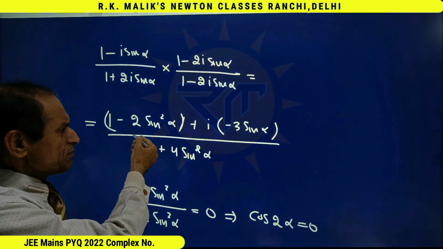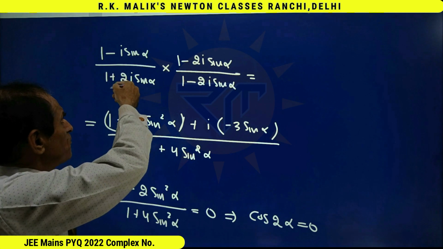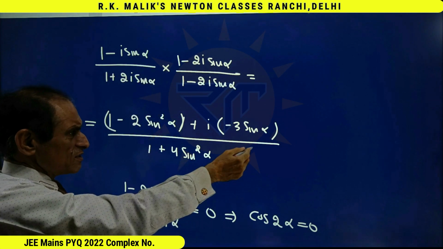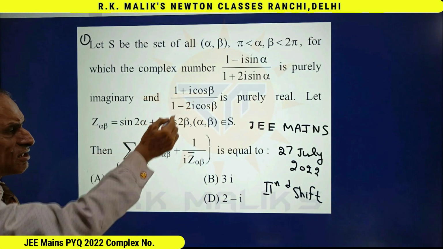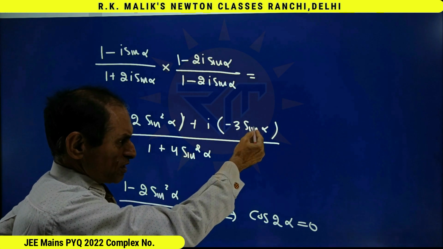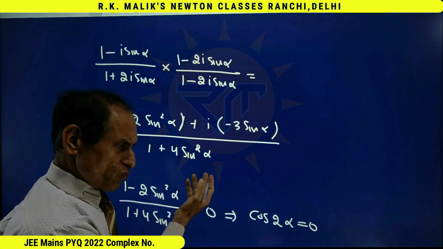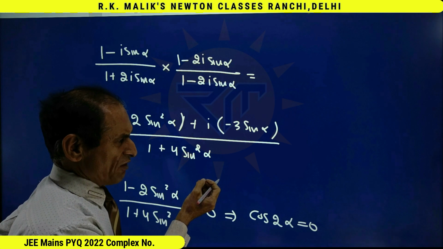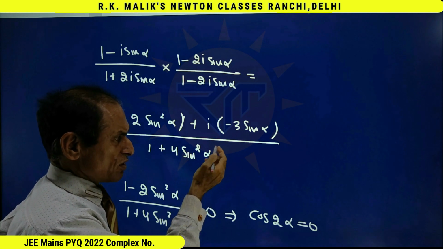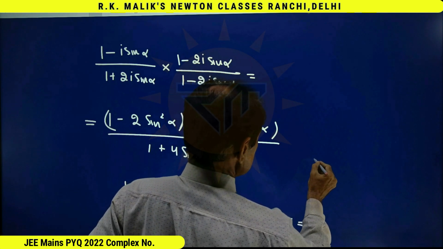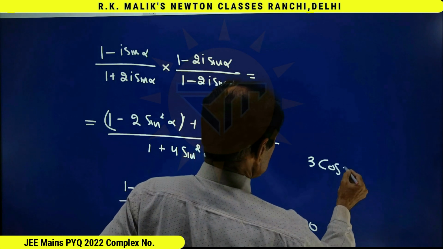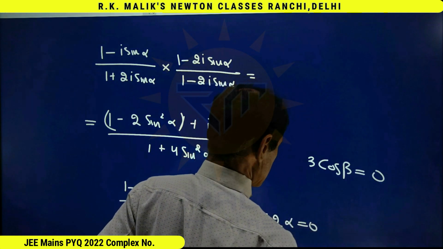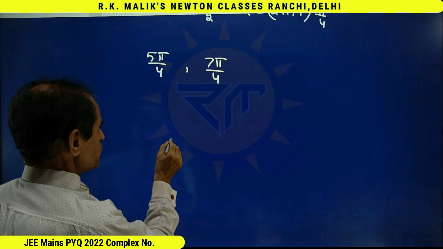And it clearly means if I had simplified this, I would be getting 3 cos beta. Agreed? You can solve it, but because every second is very important, the imaginary part is going to be 3 cos beta and I will put it equal to 0.